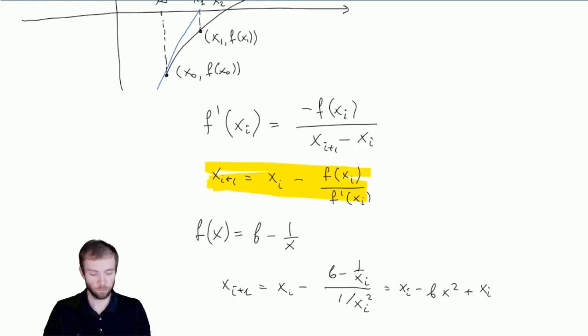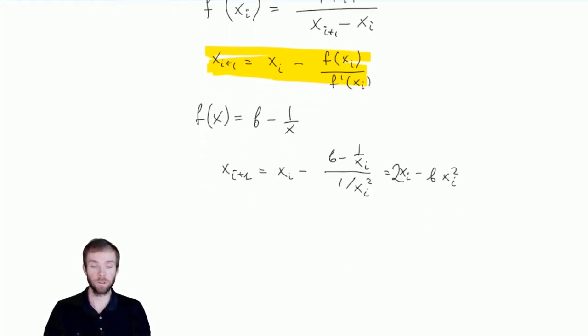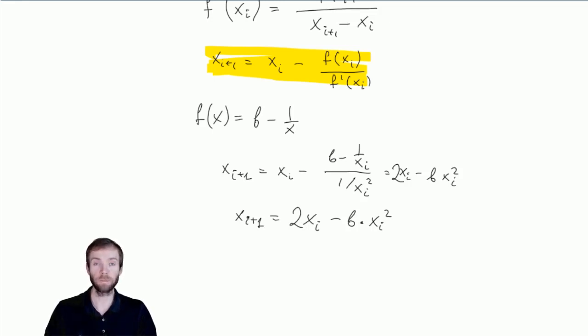So in the end, our formula gives us x_{i+1} equal to 2x_i minus b x_i squared. So this formula no longer involves any need to divide. x_{i+1} is equal to 2 times x_i minus b times x_i squared. So to compute the next term in our sequence of x's, we need just a constant number of operations, which we know how to do: subtraction and multiplication.